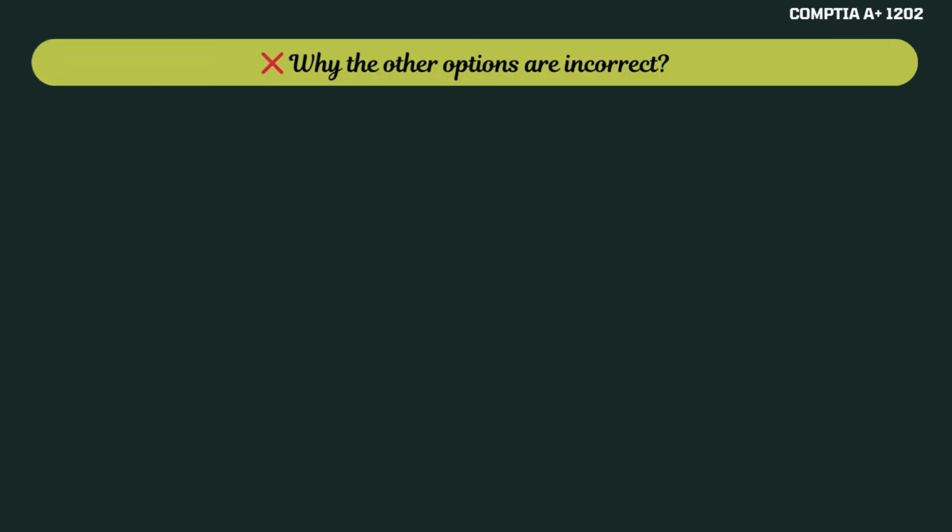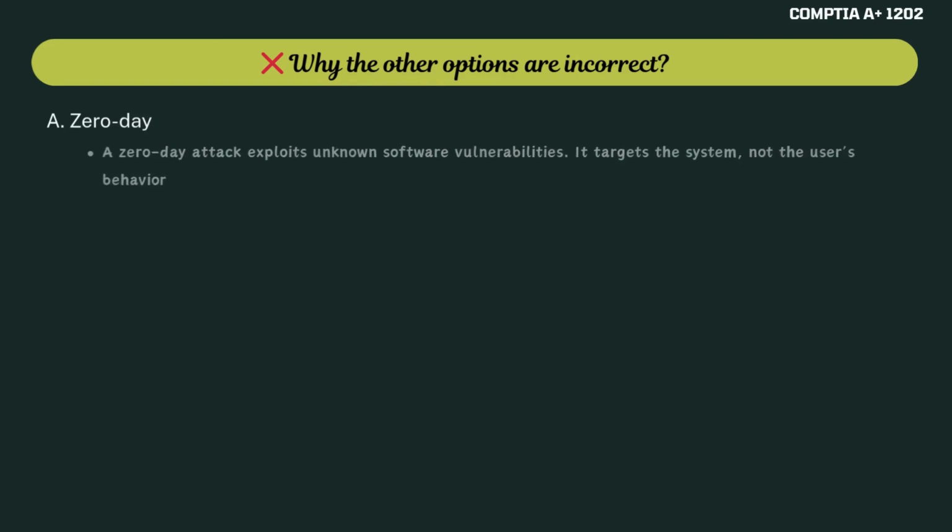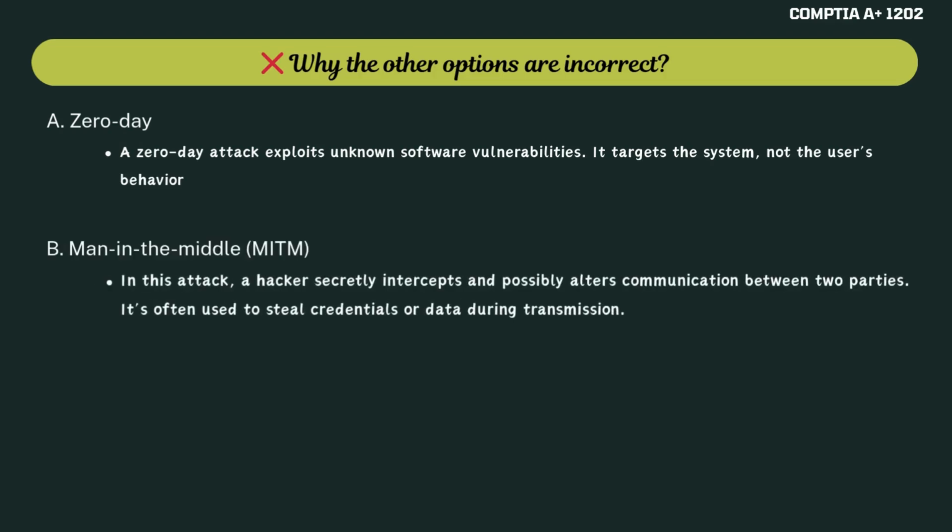Why the other options are incorrect? A. Zero-day. A zero-day attack exploits unknown software vulnerabilities. It targets the system, not the user's behavior. B. Man in the middle. In this attack, a hacker secretly intercepts and possibly alters communication between two parties.